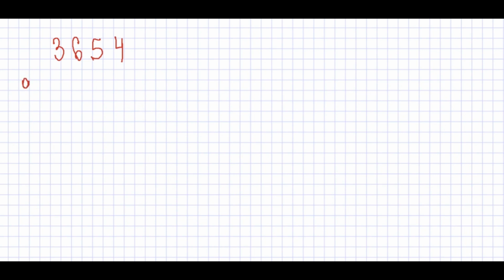Okay, first we will round this number to the nearest tens. When we round this number to the nearest tens, we have to find out the tens place. On the tens place, we have 5. So the value of 5 is 50. So 54 is between 50 and 60.